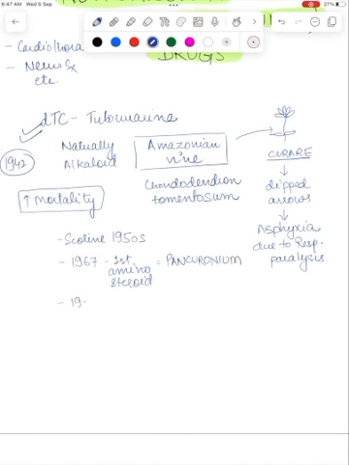Then in the 1980s, you had the development of atracurium and vecuronium. And in the 1990s, there was the development of mivacurium, which was the first short-acting neuromuscular blocker. Rocuronium was also developed.